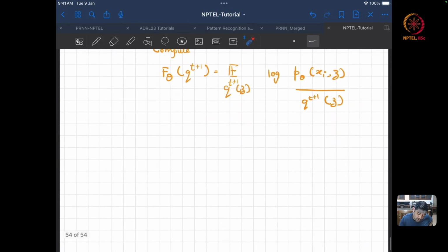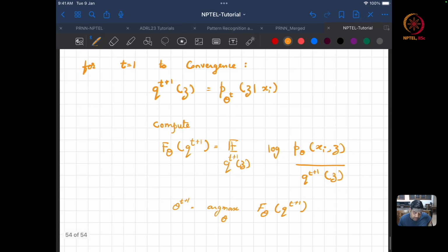Okay, so this is your E step, and then the M step is theta t plus 1 equals argmax over theta of f theta of q t plus 1. You just repeat this.